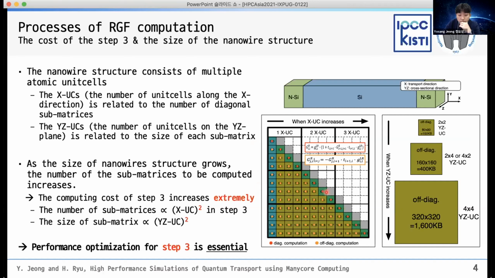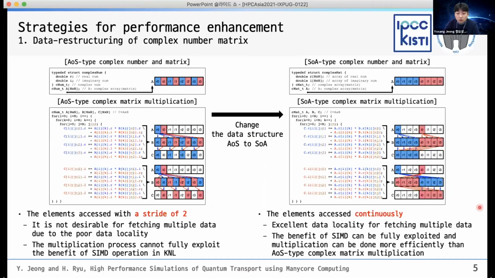And the size of each off-diagonal submatrix is also increased non-linearly. In conclusion, the performance optimization for step 3, precisely the complex number matrix multiplication, is essential to improve the performance of the RGF algorithm. So we applied several techniques to improve the performance of complex number matrix multiplication.